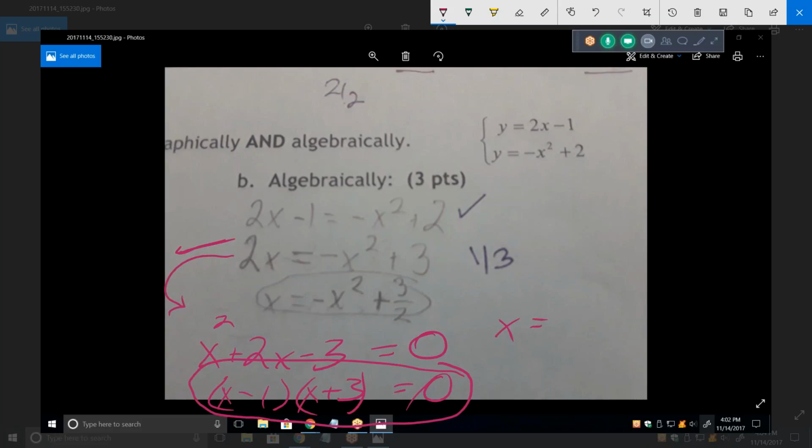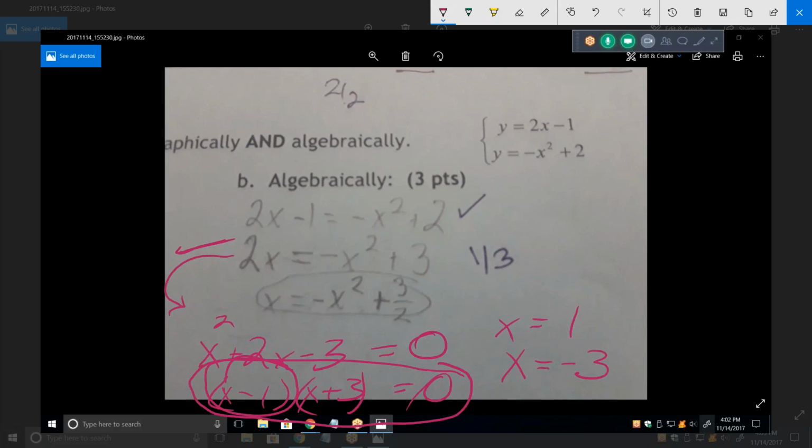One of them is 1. That's one thing that'll make that 0. One of these things has to be 0. You cannot multiply two entities together and get 0 unless one of them is 0. So what's the other possible x answer? Negative 3.